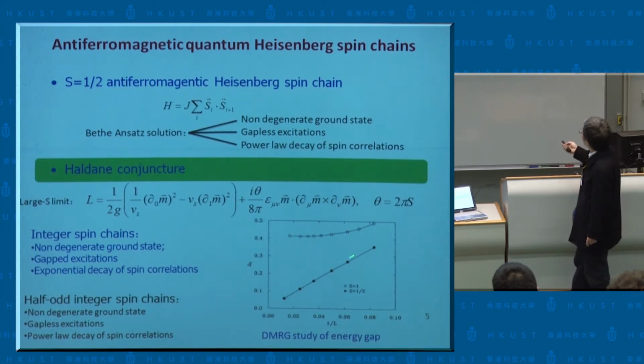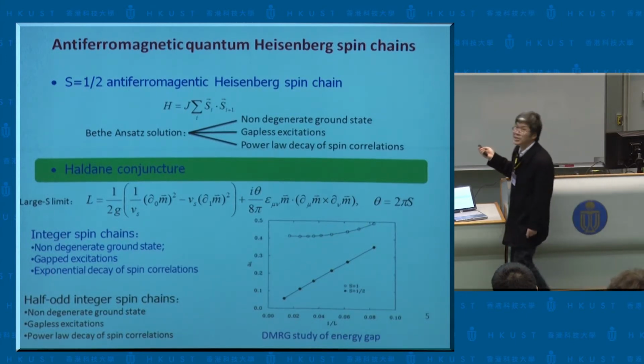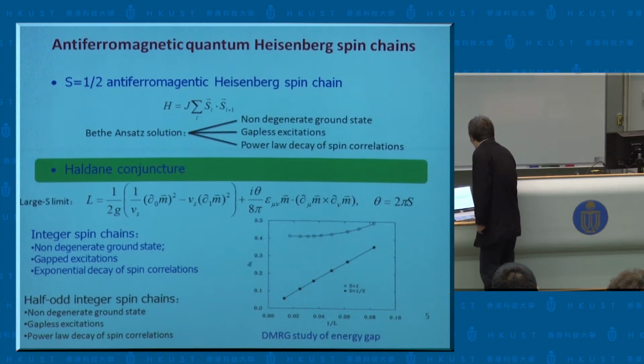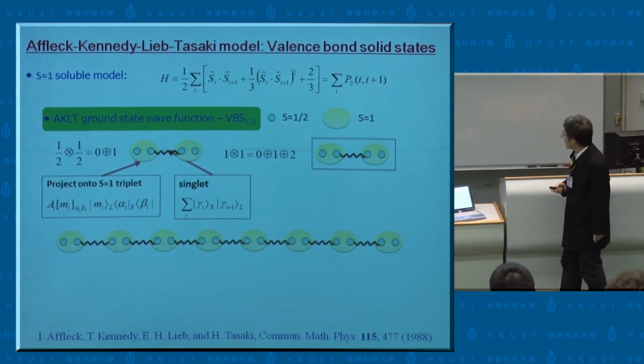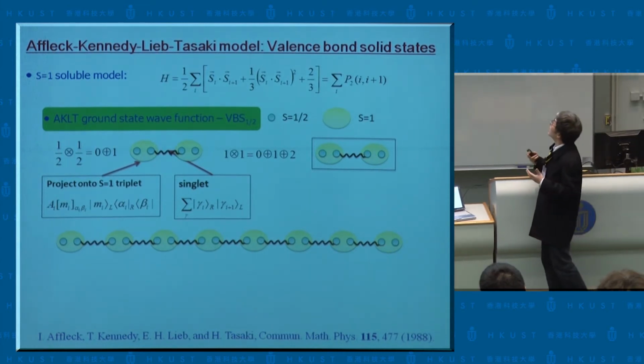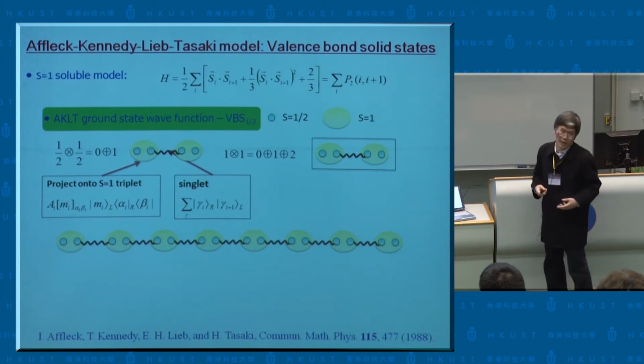For the spin 1/2 case, the spin gap converges to 0 as the length goes to the thermodynamic limit. However, for the spin 1 case, the spin gap is saturated. So people want to know, for the integer spin chain, what is the real nature of the ground state.